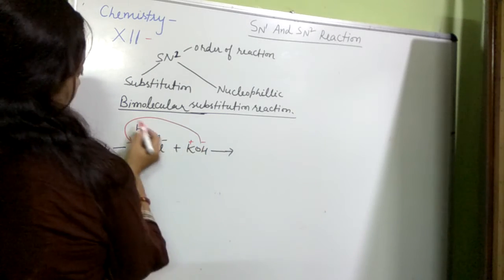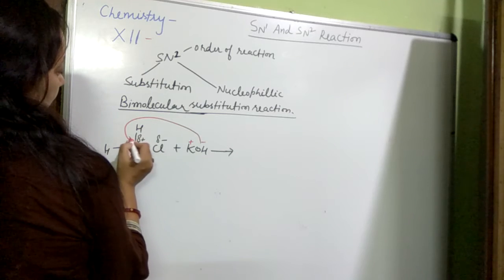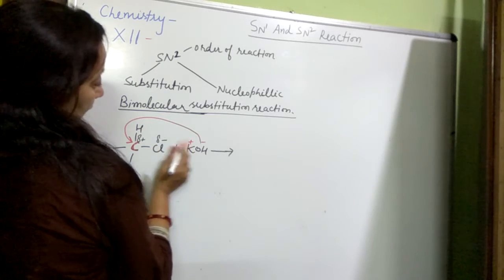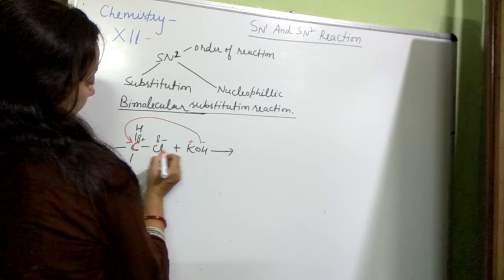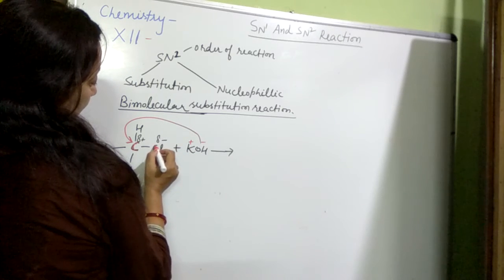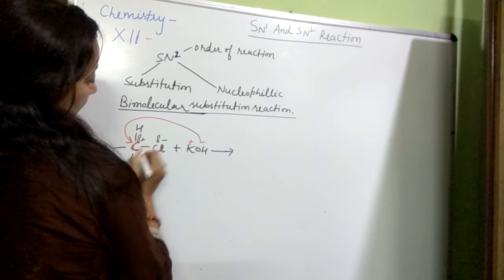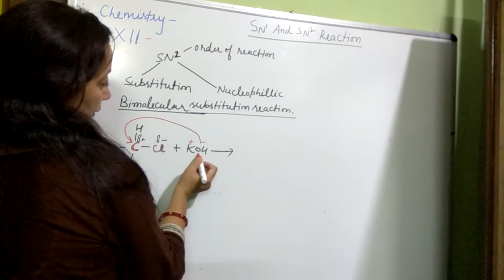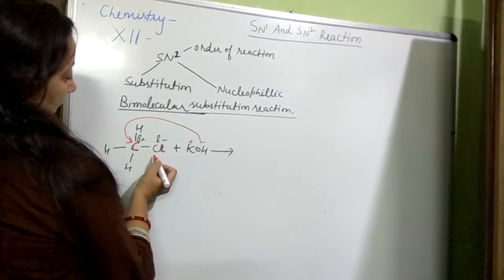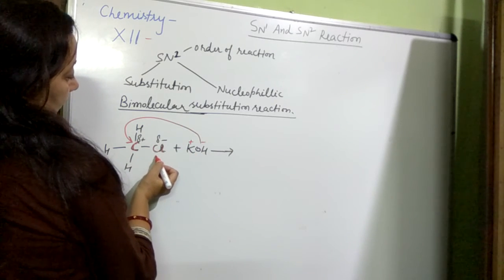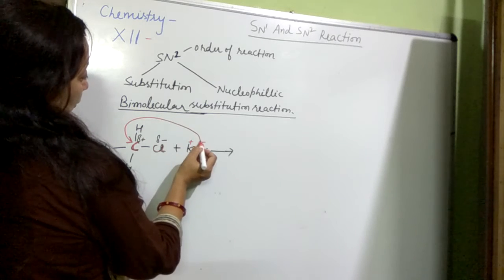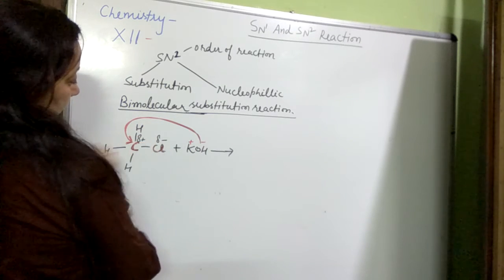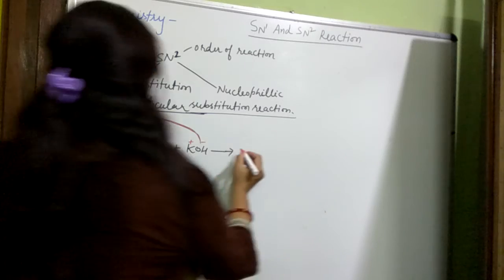but from the opposite side of the halogen atom, to avoid the repulsive force of Cl, because nucleophile is electronegative and Cl is also electronegative and it repels the OH, so OH attacks from the opposite side of the halogen atom.